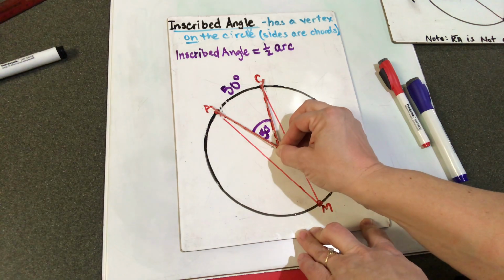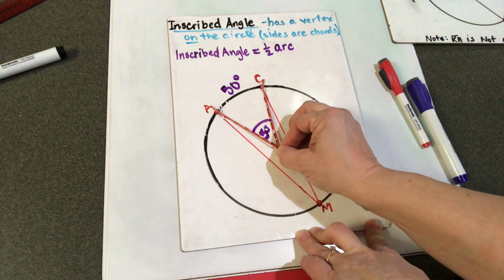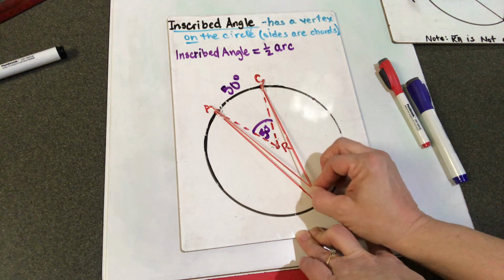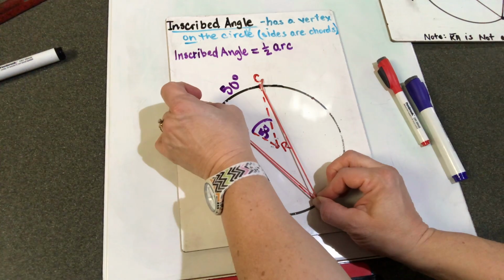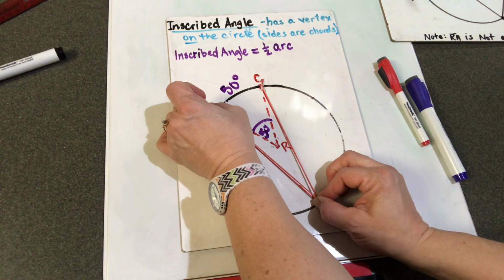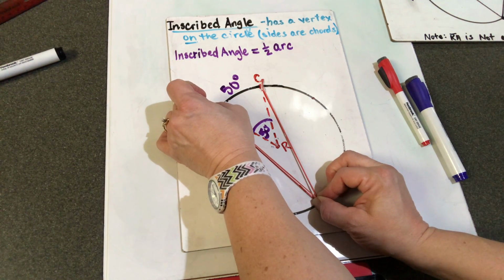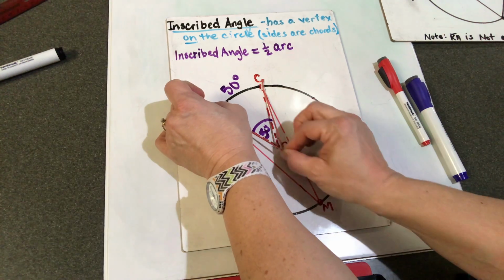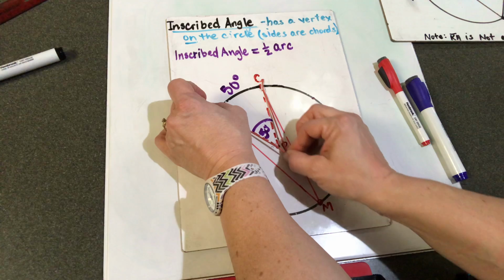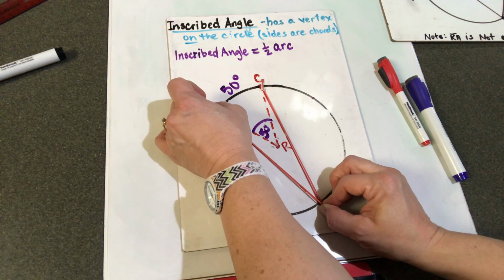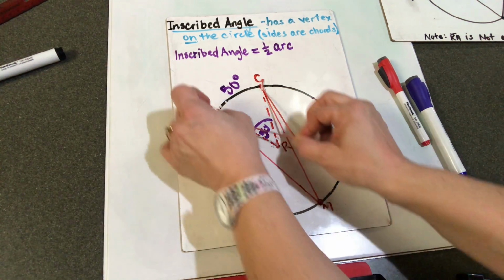But what happens with an inscribed angle is that when you pull it all the way to the other side of the circle, it stretches to half of the angle measure. So the center is the same, that would be 50 degrees. And if you go across to the other side, it's only 25 degrees.